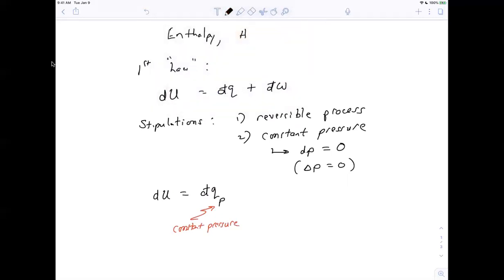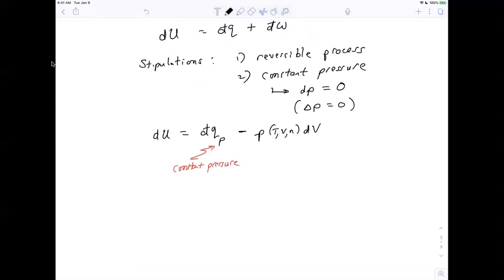And then since this is a reversible process, what we're going to write here is minus P as a function of temperature, volume, and N, which may be given as an equation of state, times dV. And now for the rest of this lecture, I'm just going to write P of T, V, N as just P, to save space and to make things a little bit more clear.